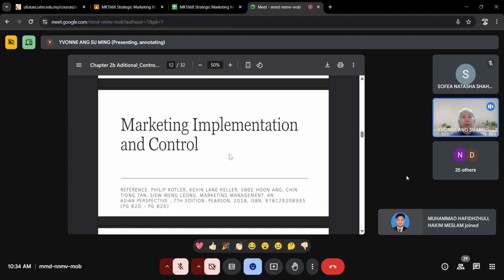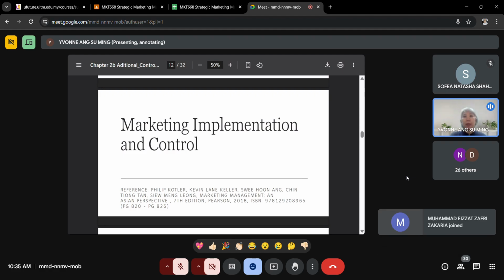The reason why I'm covering this section here is because this marketing implementation and control section inside your current book is not extensive. Dia tak banyak. Information tu ada, tapi is more like an overview ataupun brief sahaja. It is actually more extensive dalam buku ni.